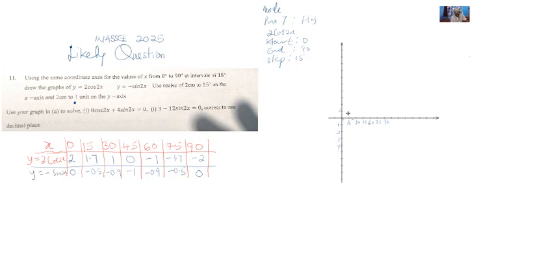So 1, 2, 2, 3. There's the 3. I think the graph is yes 2, 3.